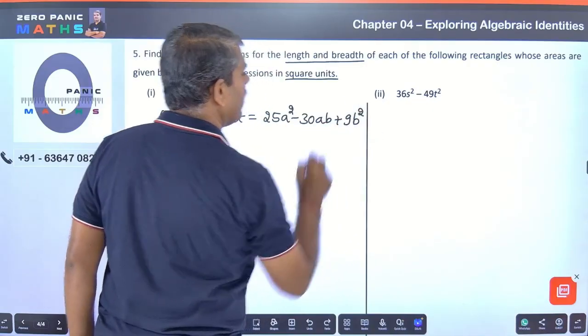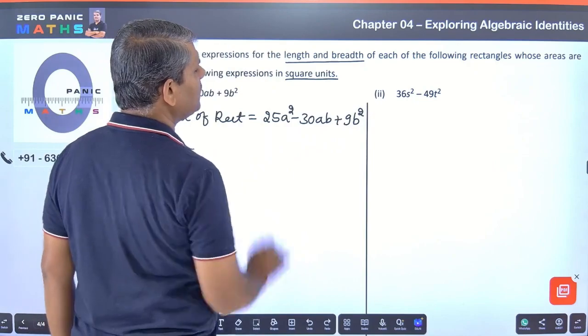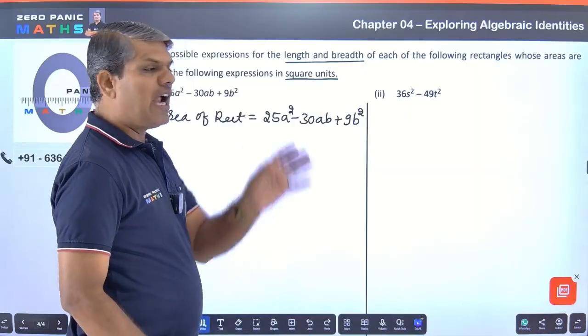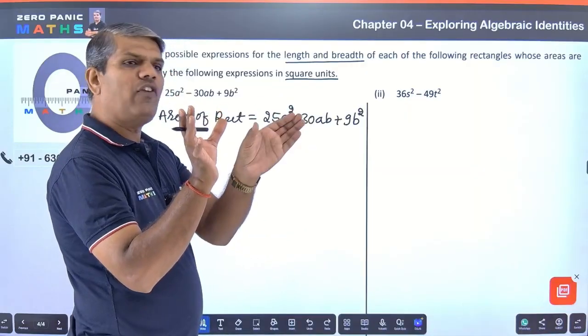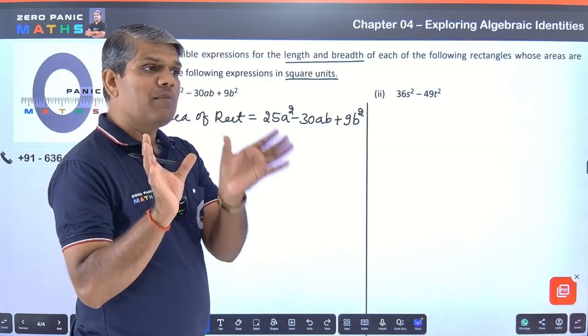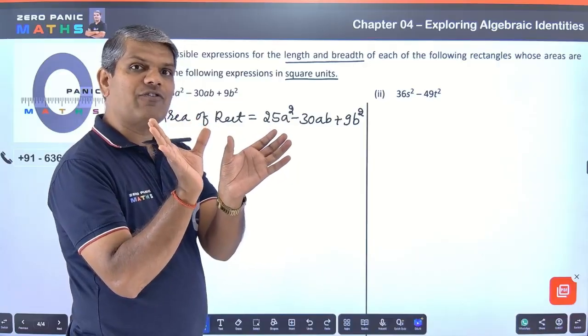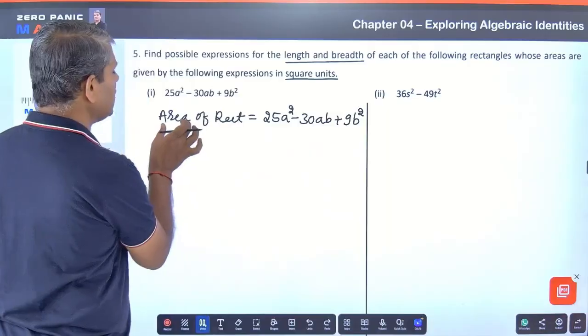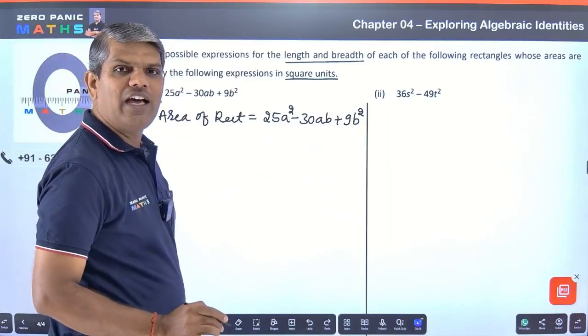When you get the factors of this, it will be in terms of a and b, and there will be two factors. One factor will be the length and another factor will be the breadth, because multiplying one factor by the other, you are going to get this expression, which is the area of the rectangle.